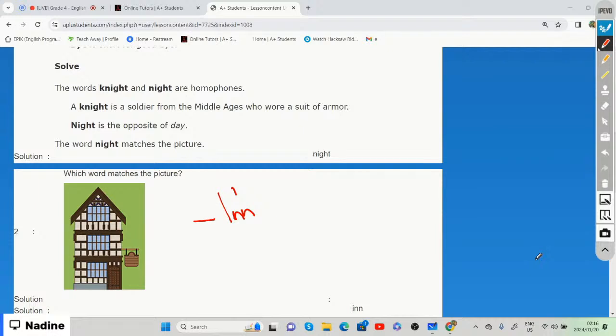An inn is like a hotel, but like a cheaper hotel.